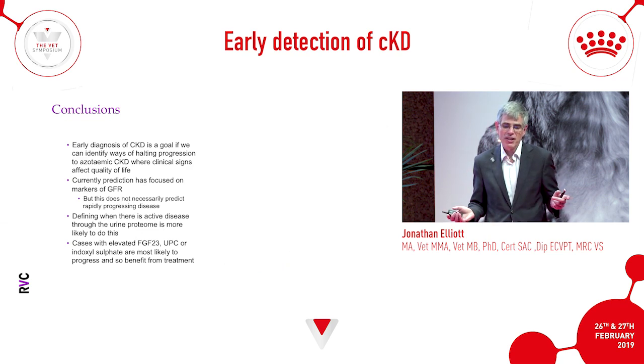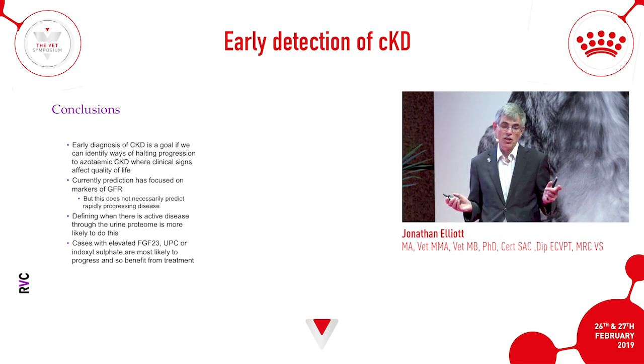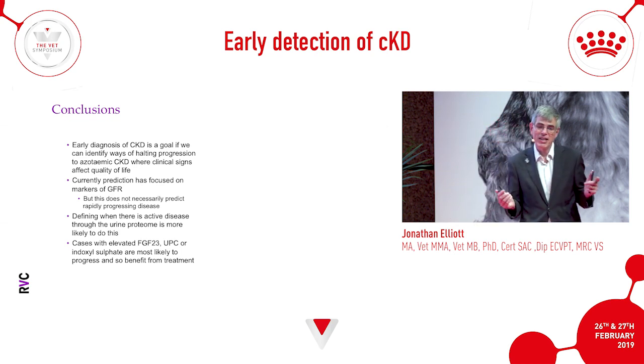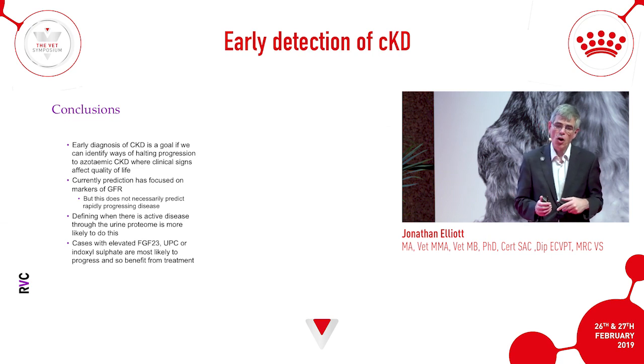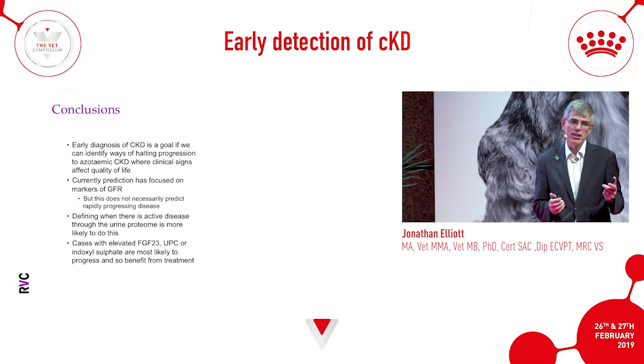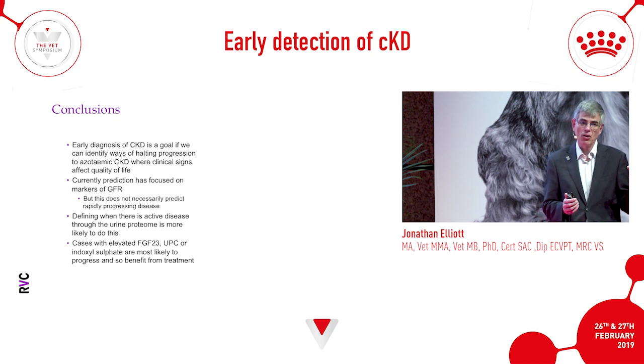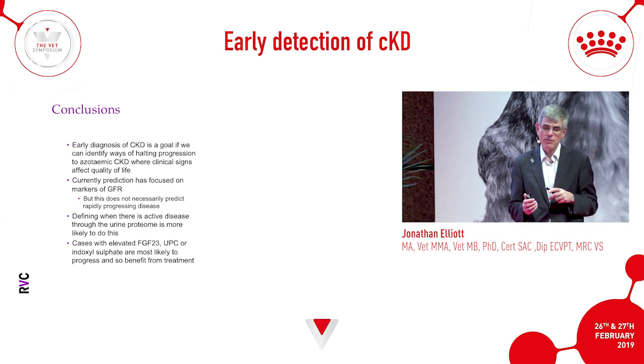So, just to finally conclude then, early diagnosis of chronic kidney disease is a goal, if we can identify ways of halting progression to azotemic kidney disease. And I would say actually differentiating progressive chronic kidney disease in stage 2 is also a goal for feline medicine.